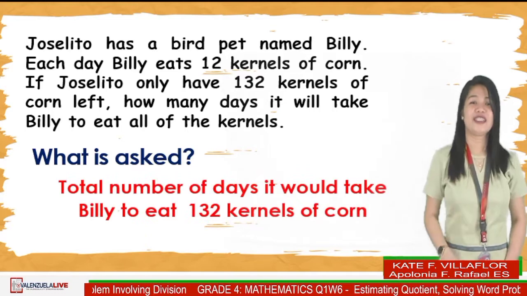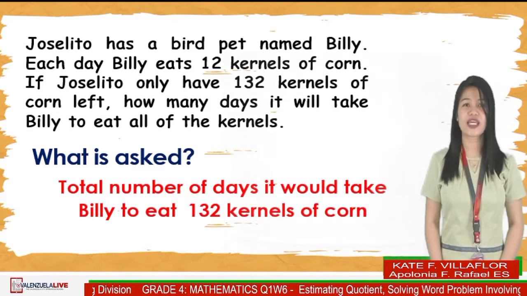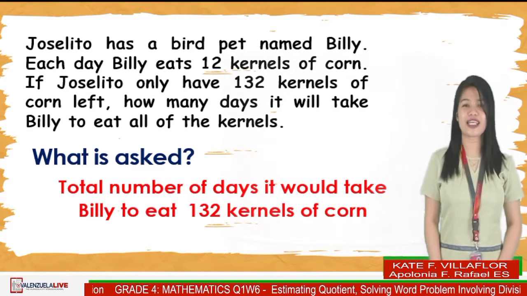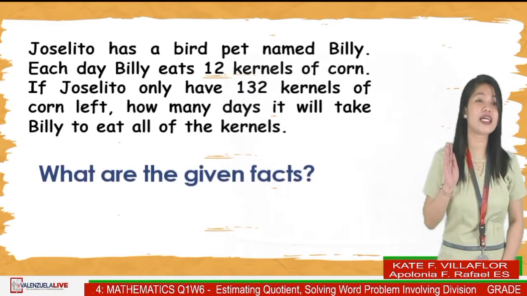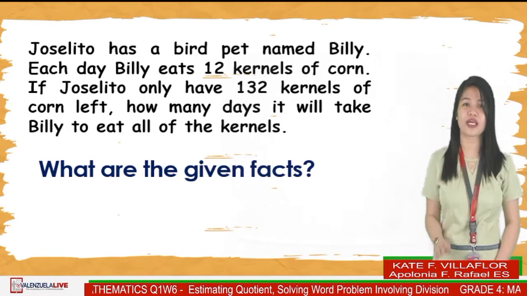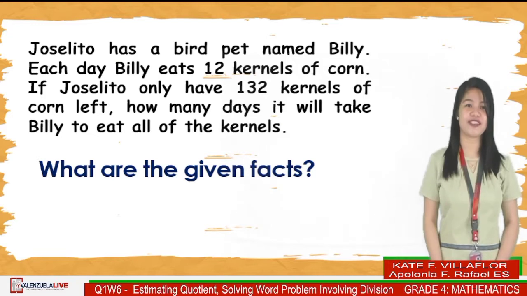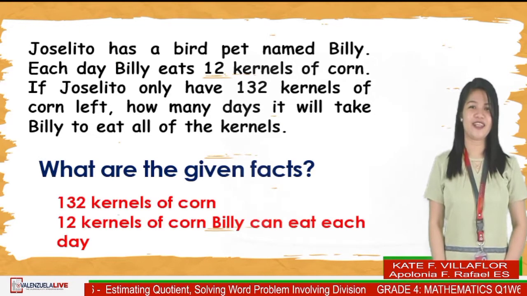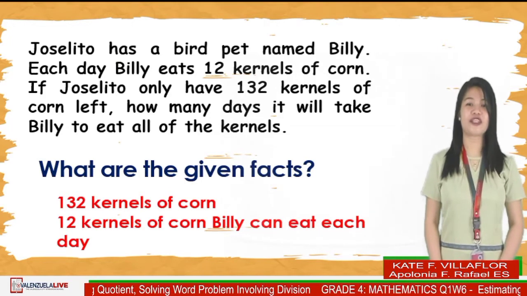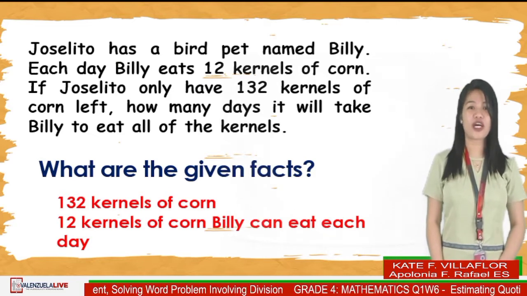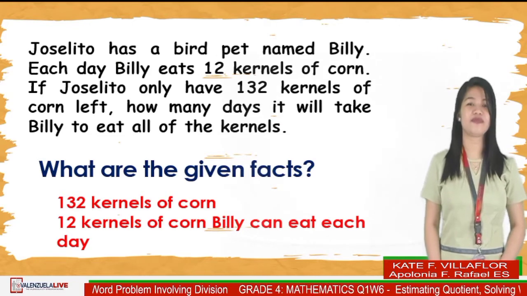Very good. The answer is the total number of days it would take Billy to eat 132 kernels of corn. What are the given facts in the given problem? Comment your answer in the comment section below. Okay, great job, grade 4 pupils. The answer is 132 kernels of corn, and 12 kernels of corn Billy can eat each day.